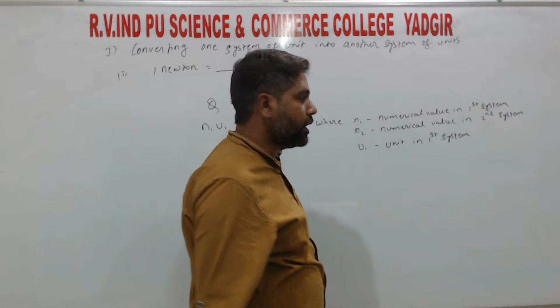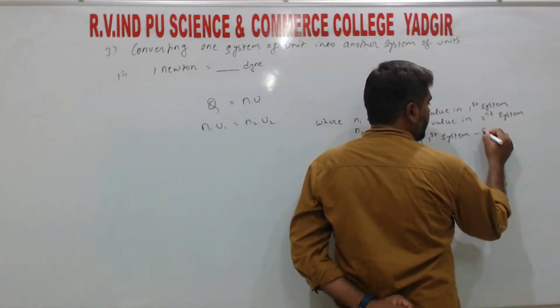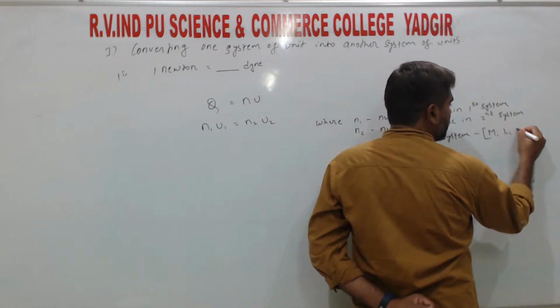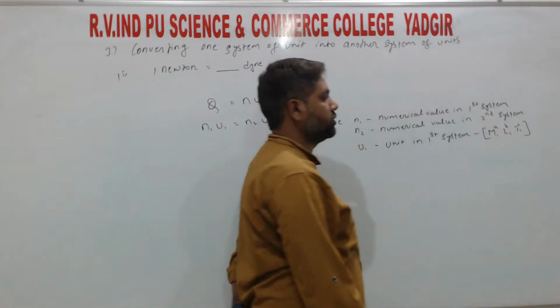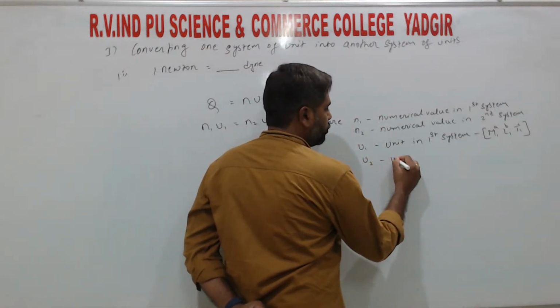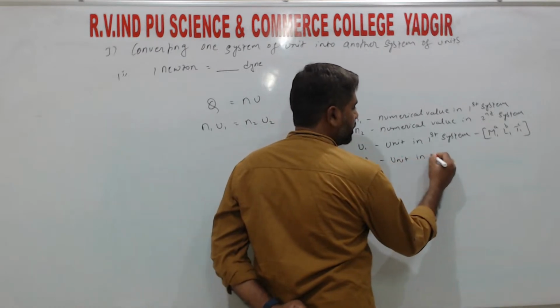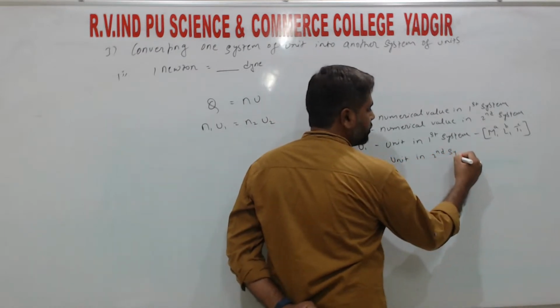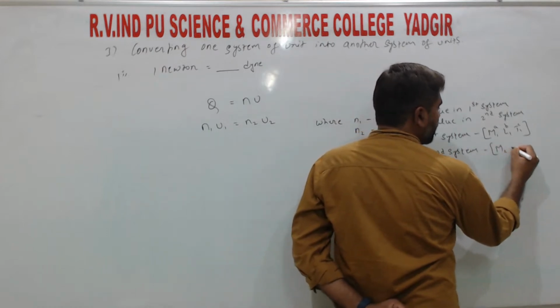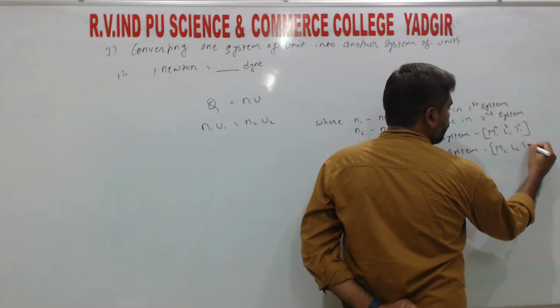That can be expressed by the fundamental quantities M1 power a, L1 power b, T1 power c, where a, b, c are the constants, right? In the same way, U2 is the unit in the second system, and that unit can be represented by M2, L2, T2.